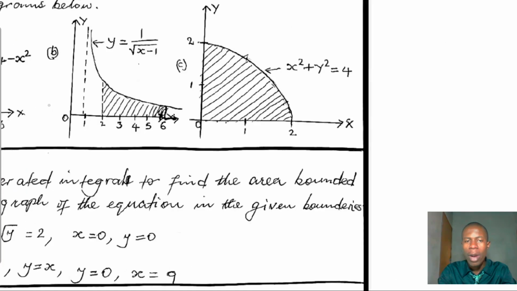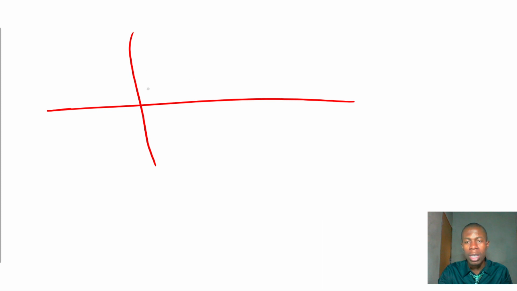Okay, so let me give you ideas. For any graph that you have, say you have a graph like that. This is the x-y plane, this is the y axis, and this is the x axis.